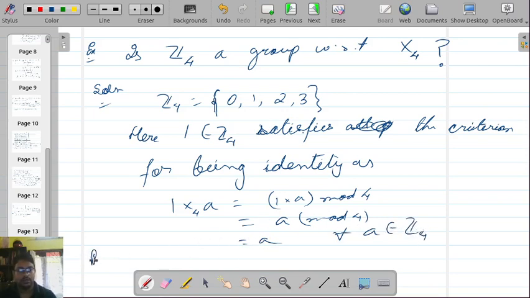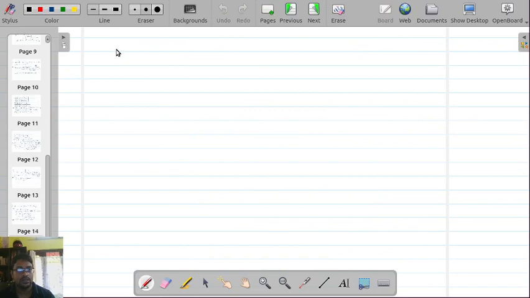But 0 belongs to Z4 and does not have an inverse, as 0 multiplied with any other element is 0 only. It is not equal to 1. 0 multiplied with any a inside Z4 is equal to 0, which is not equal to 1.